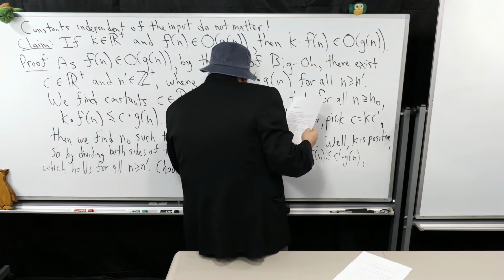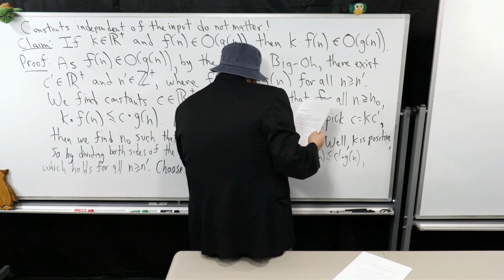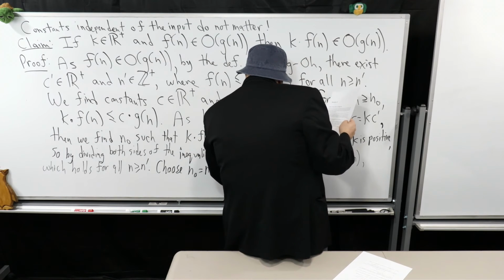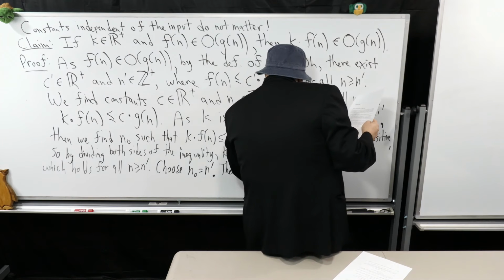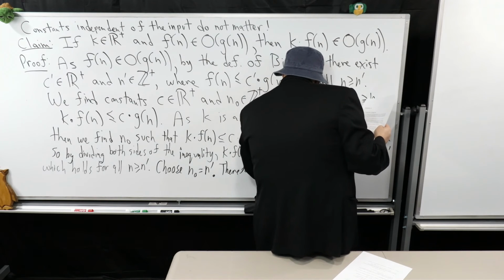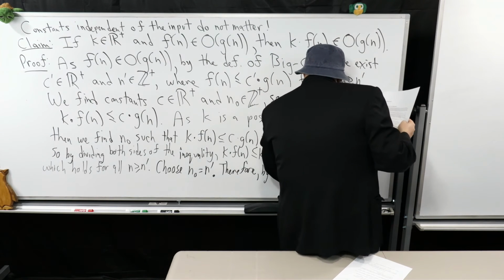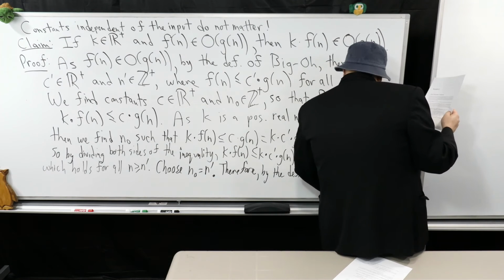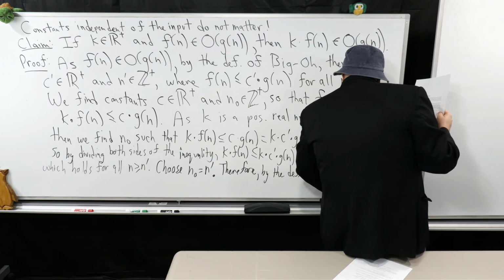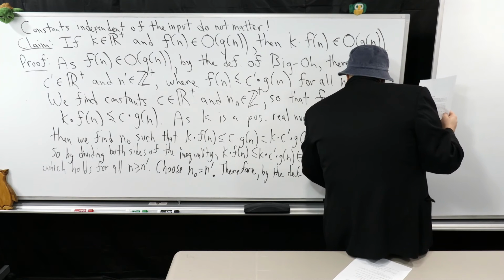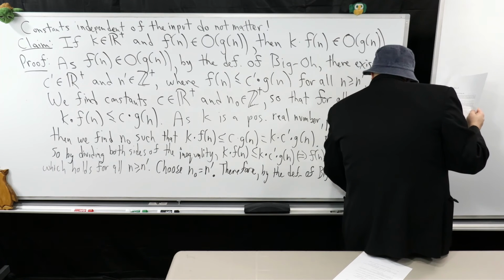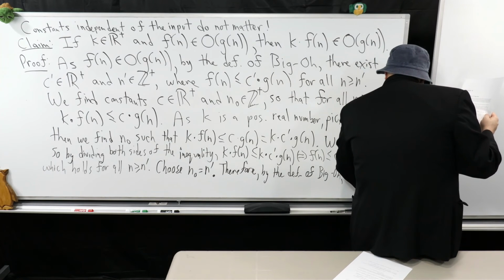Therefore, by the definition of big O, sorry, my writing is sort of melting in the microwave. By the definition of big O, k times f is big O of g. And we're done.